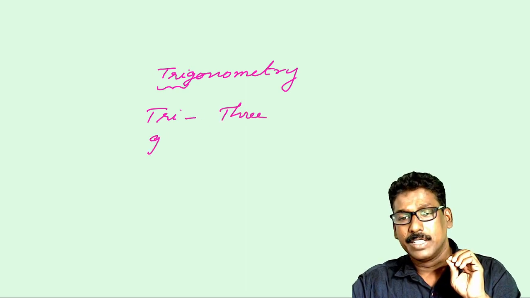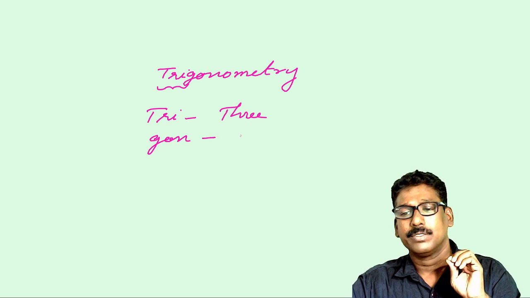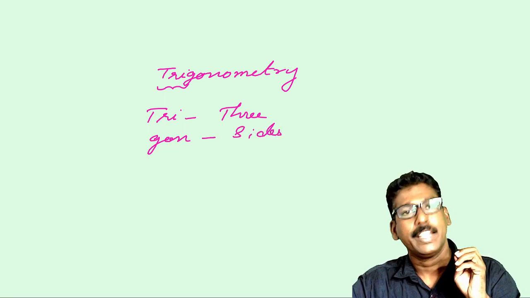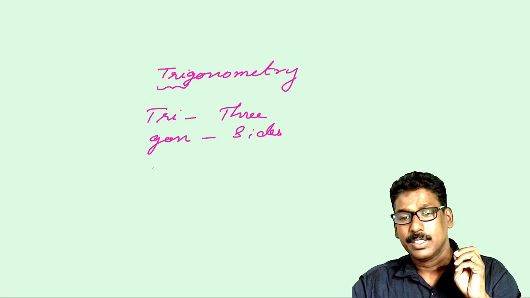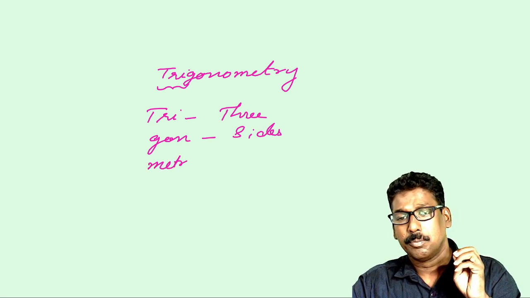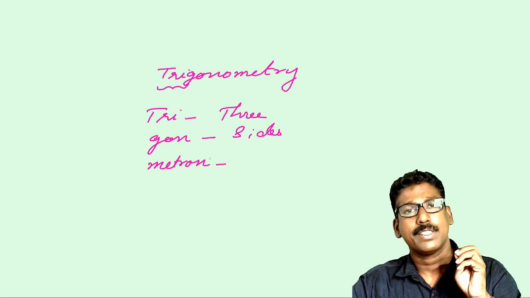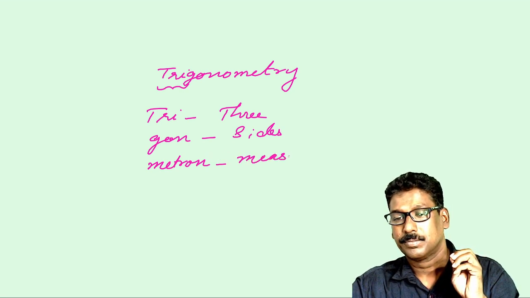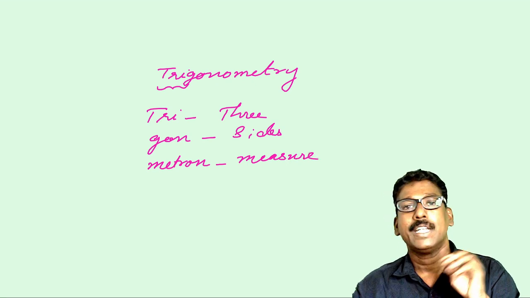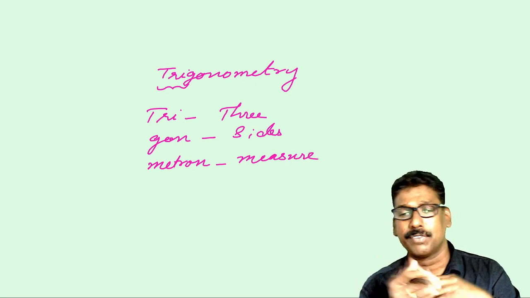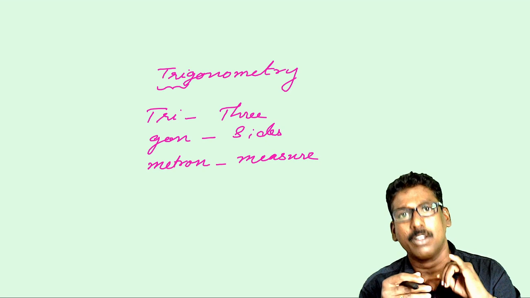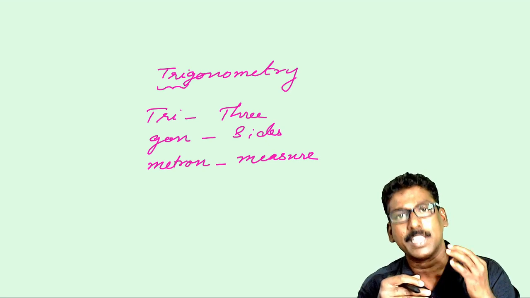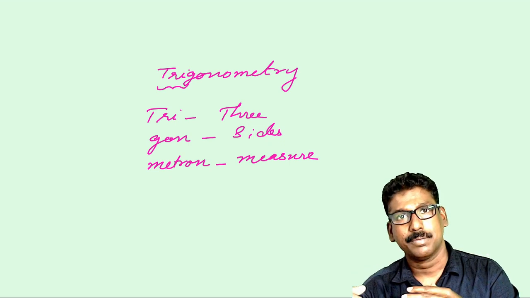The other word is gon. It means sides, as in polygon. And the third word is metron. These are all Greek words. Metron means measure. So trigonometry is derived from three words: trig, gon, and metron. It means three sides and measure.